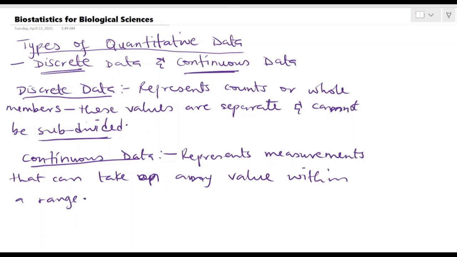That is, continuous data can actually be divided into smaller increments.